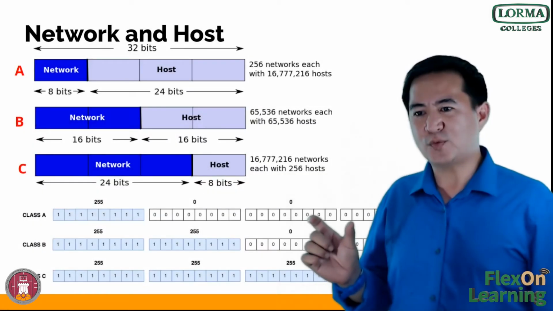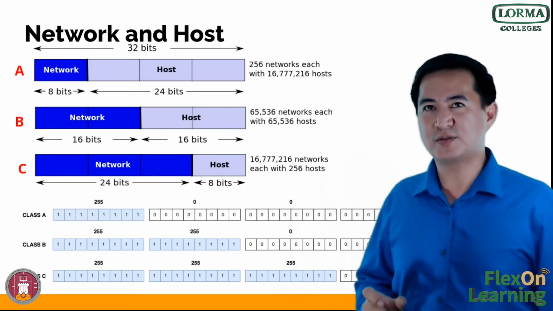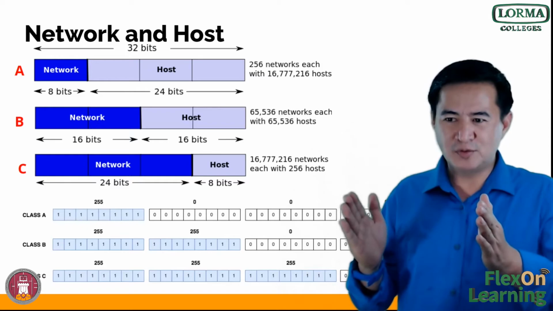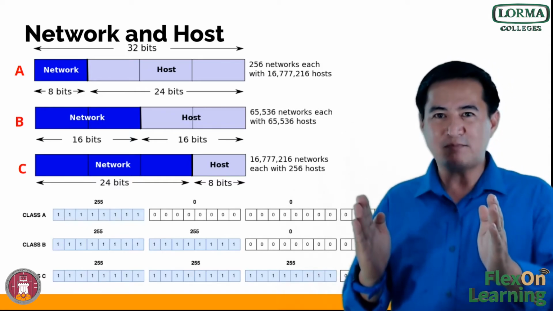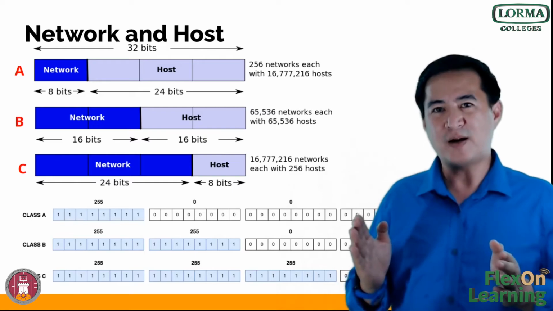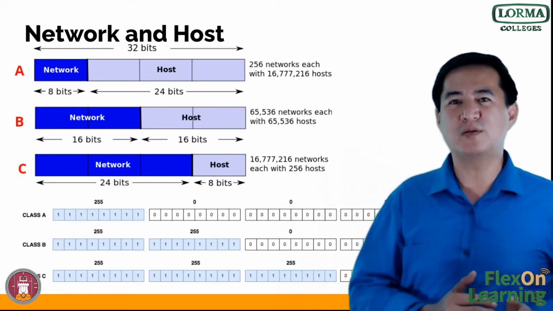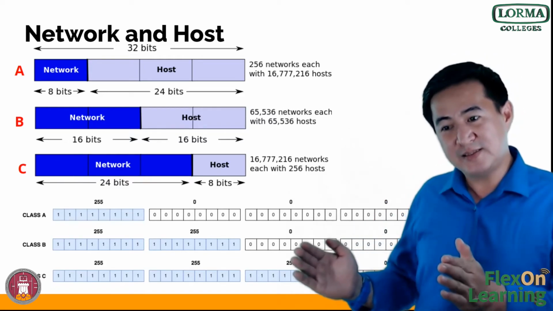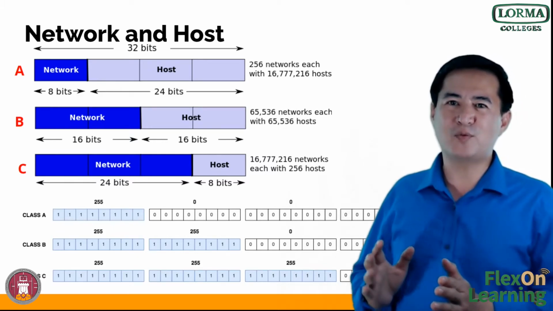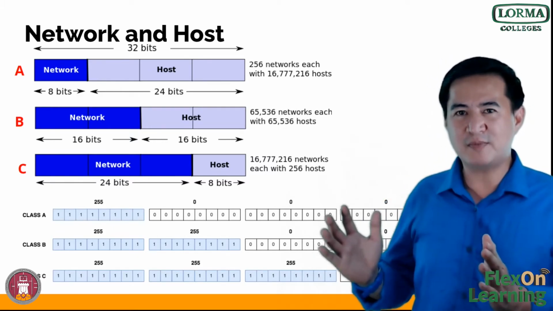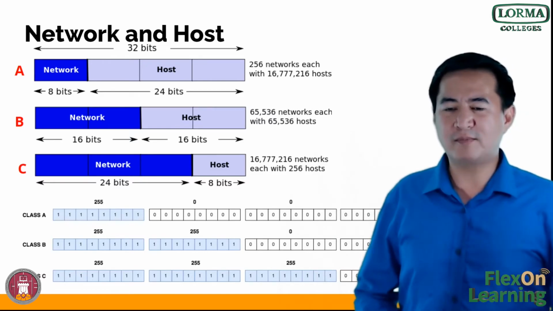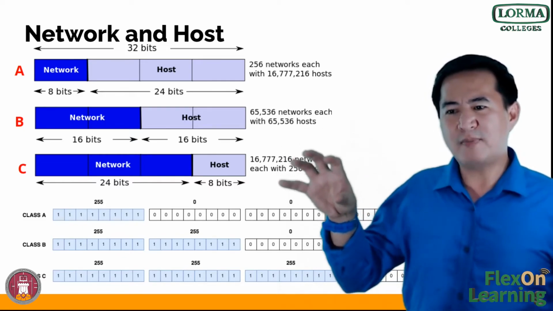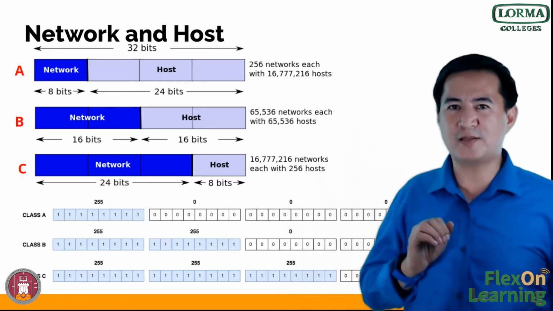In a class A network, the first octet actually belongs to the network segment, which is 8 bits. When you move on to class B, you have two 8 bits, which is 16 bits as part of the network, and 16 bits also as part of the host. When you move down to C, you will see that the network portion is 3 octets. So you have a higher number of networks and a smaller number of hosts. That means in a class A network, you can only form about 256 groups or 256 networks.